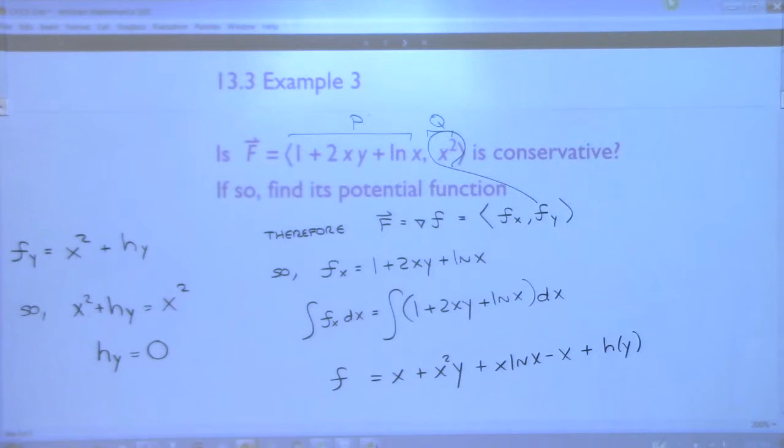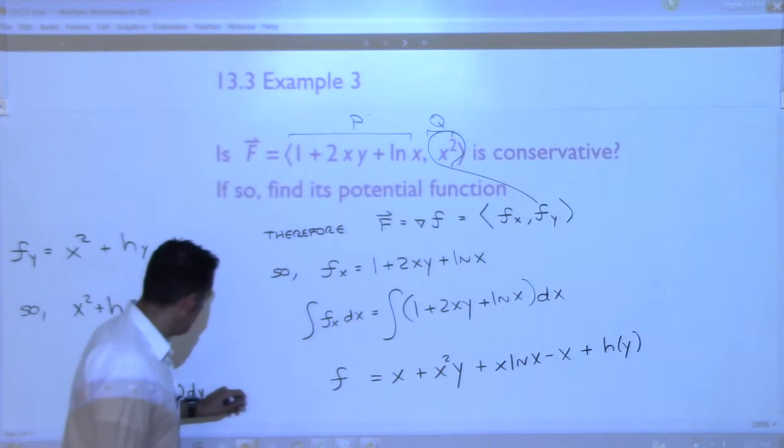Which means if we integrate this with respect to y, then what does that mean h had to be? Just some constant that we don't know. So h must be a constant.